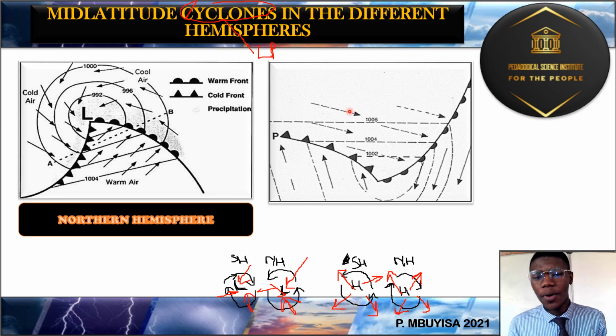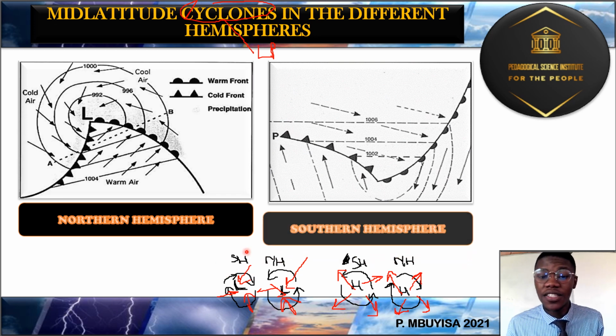Then let's think about the other diagram on the side. In the other diagram, we have our arrows circulating in a clockwise direction. And since they are going in a clockwise direction, and this is a low pressure system, remember it's a mid-latitude cyclone, and cyclones are low pressure systems, it means that it is in the southern hemisphere.